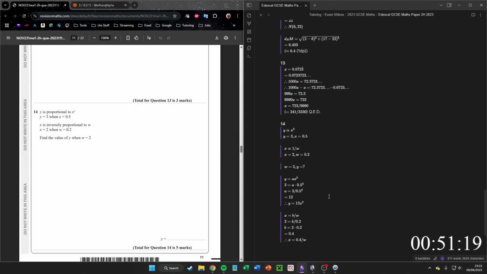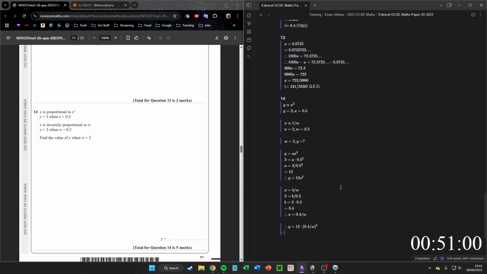So now we try to put these two together. We're trying to establish a y-w relationship. We can just say therefore y equals 12 times 0.4 over w, all squared. We're trying to find y. Oh yes, we can literally just substitute it straight into this now.